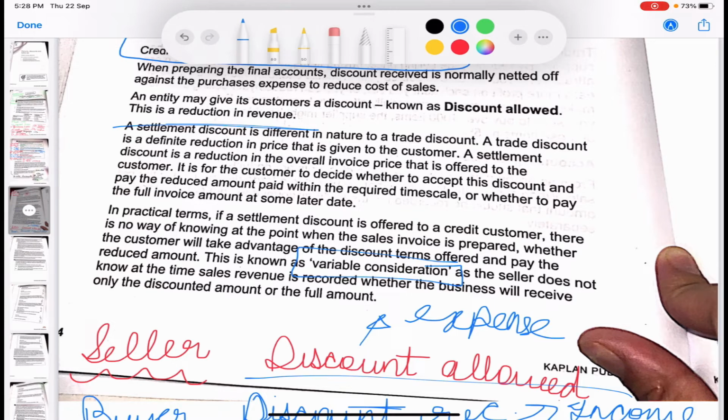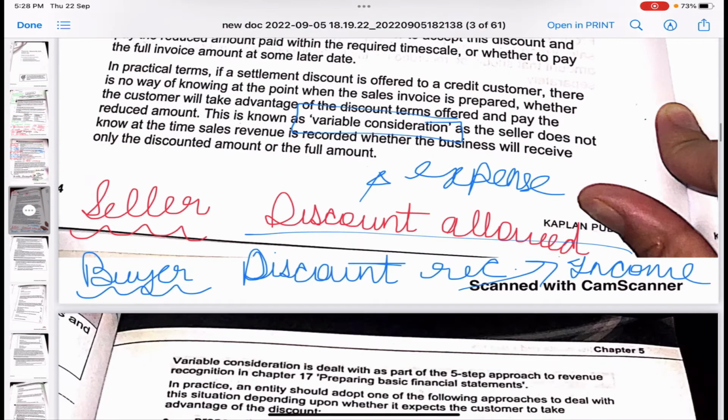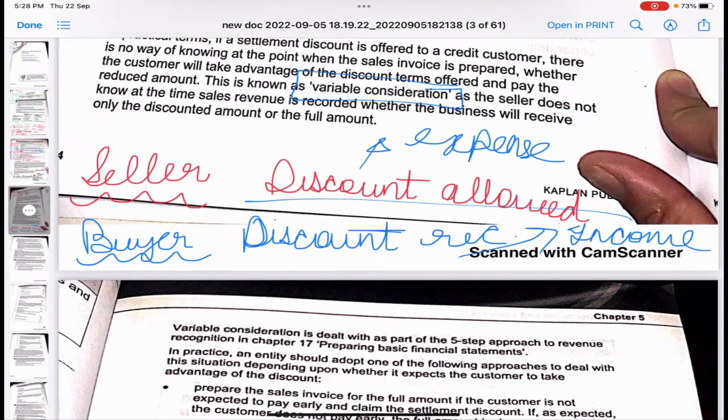One situation is where we are happy and we are okay with giving the money and we do actually pay in advance, and the other situation is when we are not paying in advance. As the seller does not know at the time sales revenue is recorded whether the business will receive only the discounted amount or the full amount, because you are not sure yet.